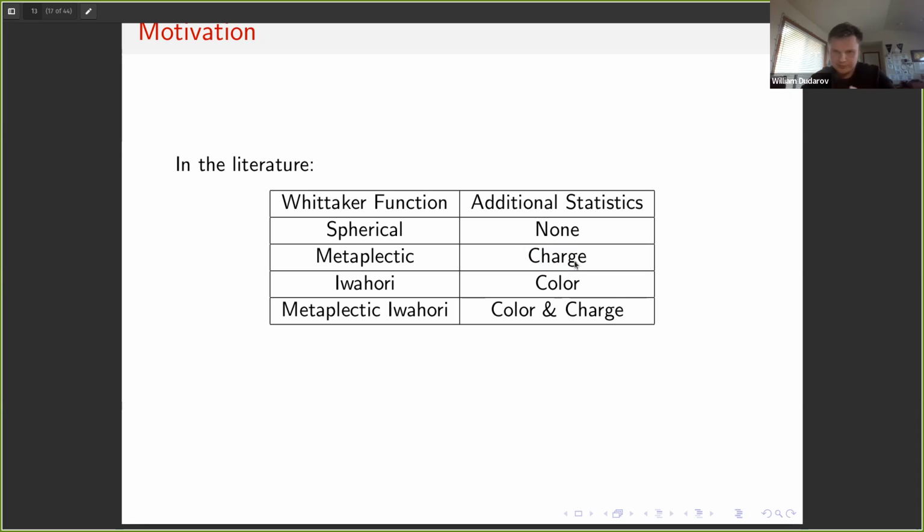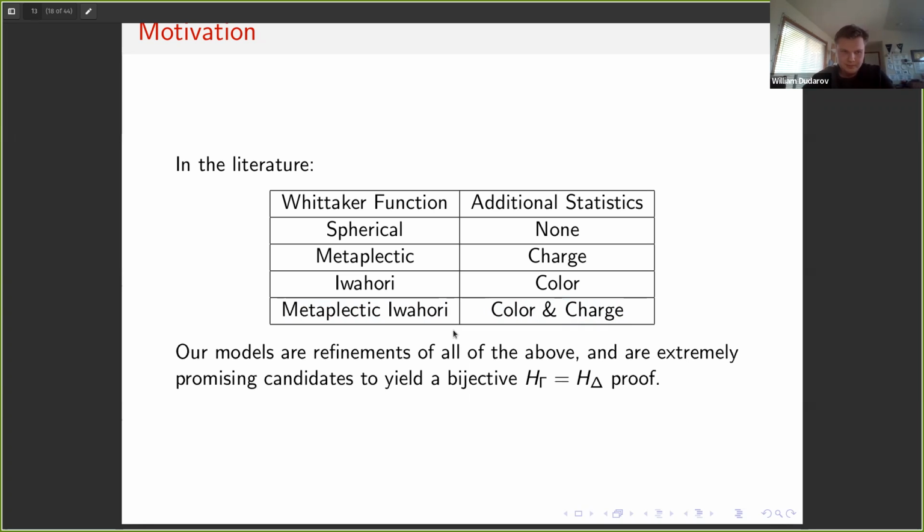If you have a statistical charge, you get what's called metaplectic ice, and that gives you metaplectic Whittaker functions, so spherical Whittaker functions on metaplectic n-covers of GL_r. And colored lattice models have been shown to provide Iwahori Whittaker functions, and most recently there has been color and charge mixed together in a lattice model, and the partition functions on those yield metaplectic Iwahori Whittaker functions.